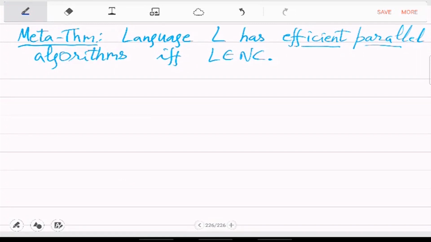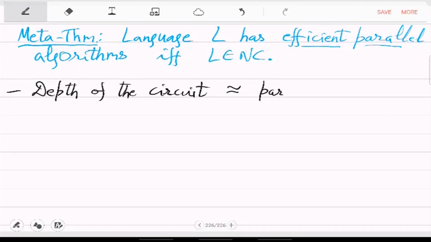Okay, we can also compare this class NC1 AC1 with log space. So the depth of the circuit, okay, depth corresponds to parallel time, but it also corresponds to sequential space.